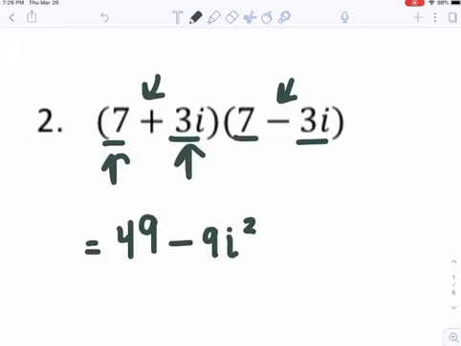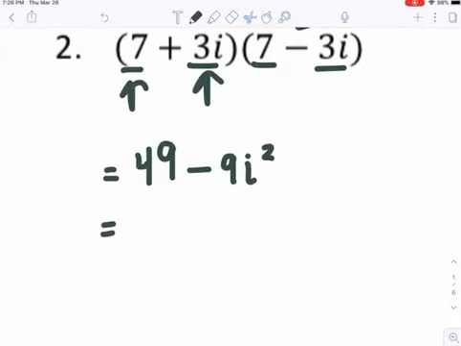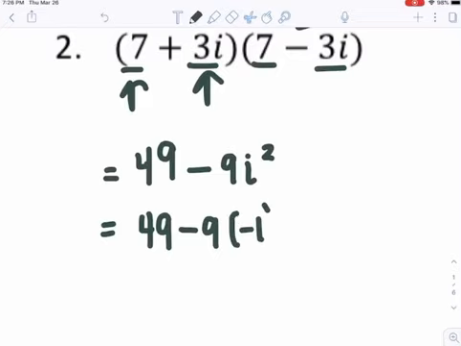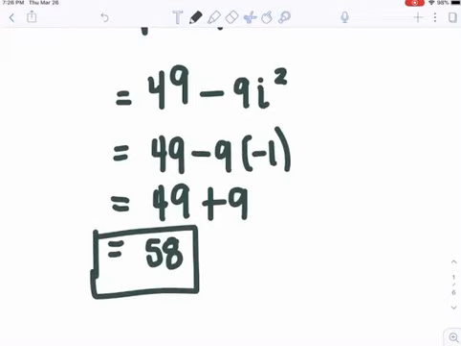Always tag subtraction in the middle. Before you change the i squared or anything like that, it's always going to be subtraction. Then it becomes 49 minus 9 times negative 1, which in turn becomes 49 plus 9. And then I get 58 as my final answer, so no more i.